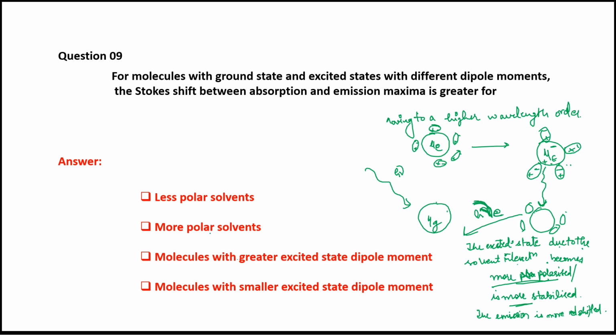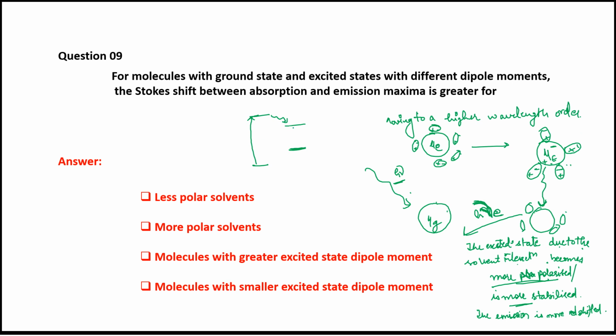Basically, what we want to conclude is, for the ground state and excited state, see, this is the value of absorption. I'll just draw it. See, it will absorb a certain range, it will emit a certain range.